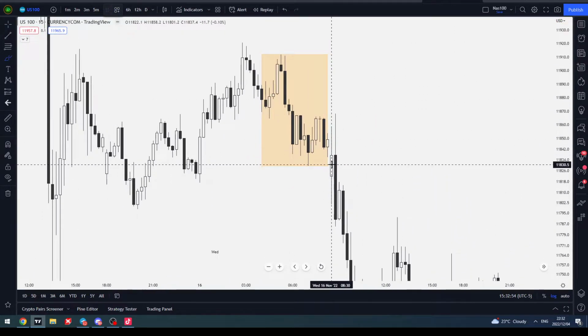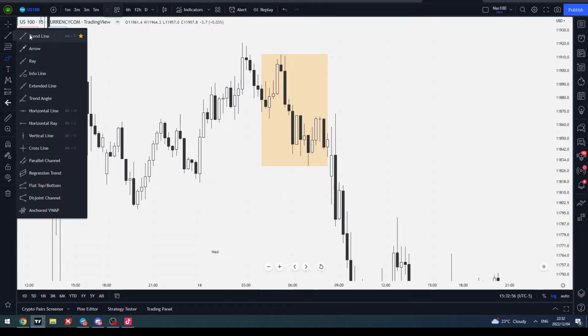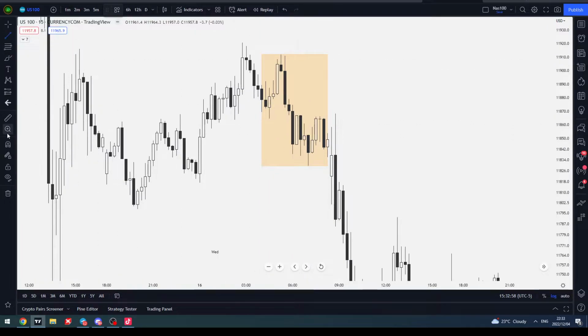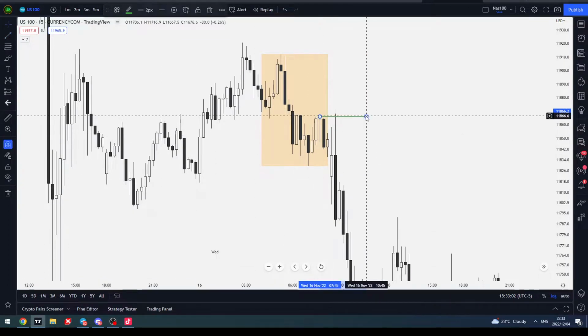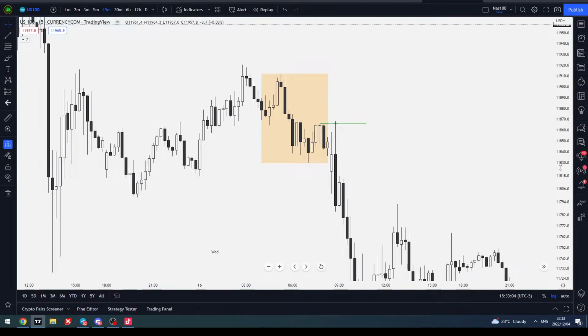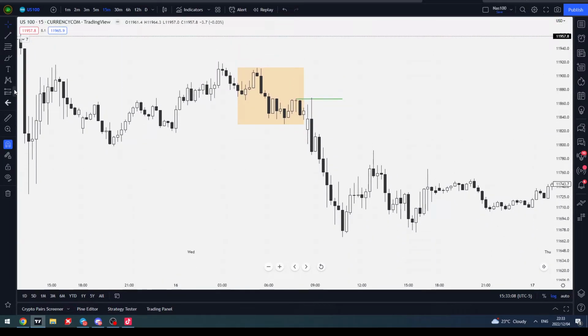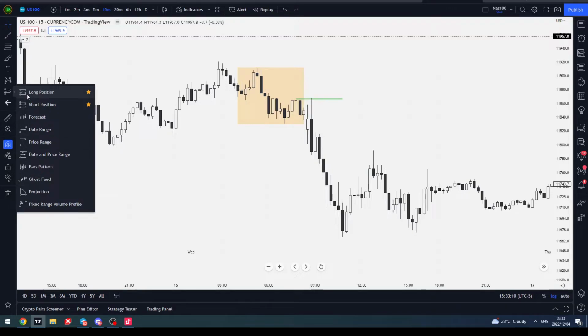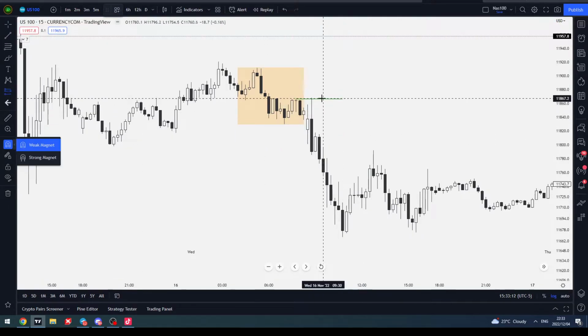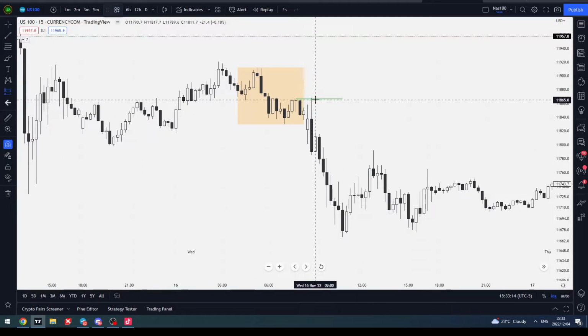Come 8:15, price is going to run for the nearest liquidity, and then it's going to run in the opposite direction. Your stop or your entry on this is always going to be a 20-point stop.